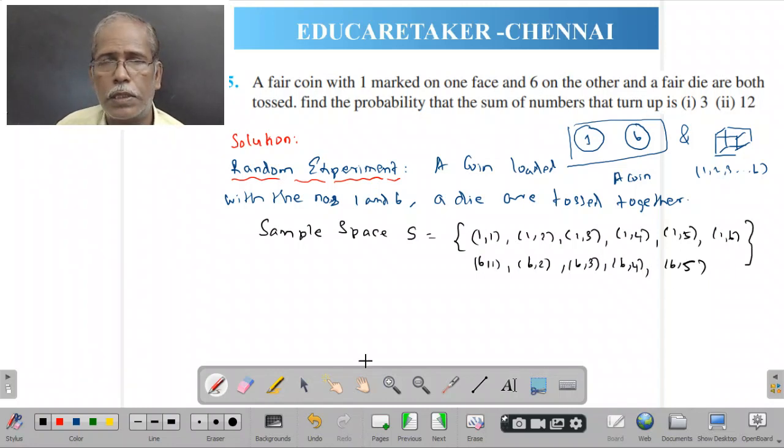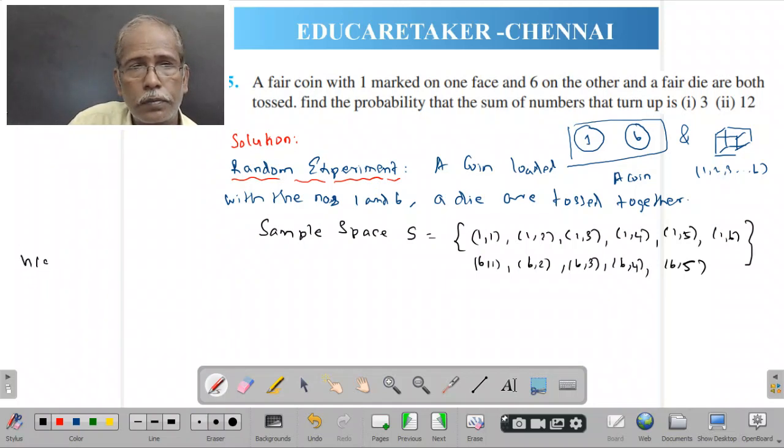So this is the sample space, and the cardinality of this set, the number of sample points, is denoted by n(S). So n(S), the number of sample points, is 12.